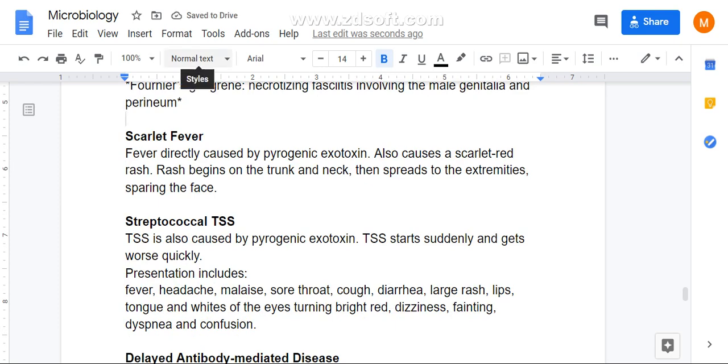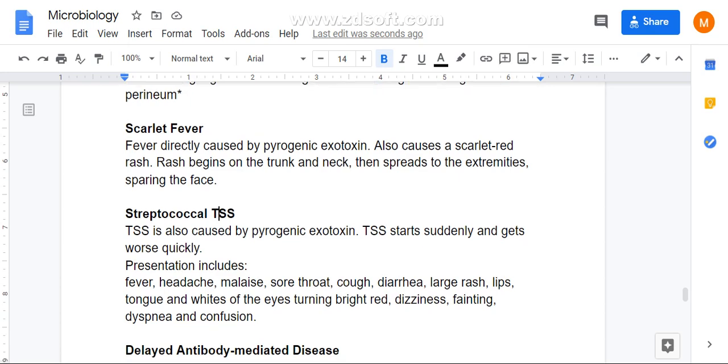Okay, also scarlet fever. This is a fever that's directly caused by pyrogenic exotoxin. It also causes a scarlet red rash. The rash begins on the trunk and the neck and then spreads to the extremities and spares the face. So it's neck, trunk, not on the face. That's scarlet fever. We also have streptococcal toxic shock syndrome.